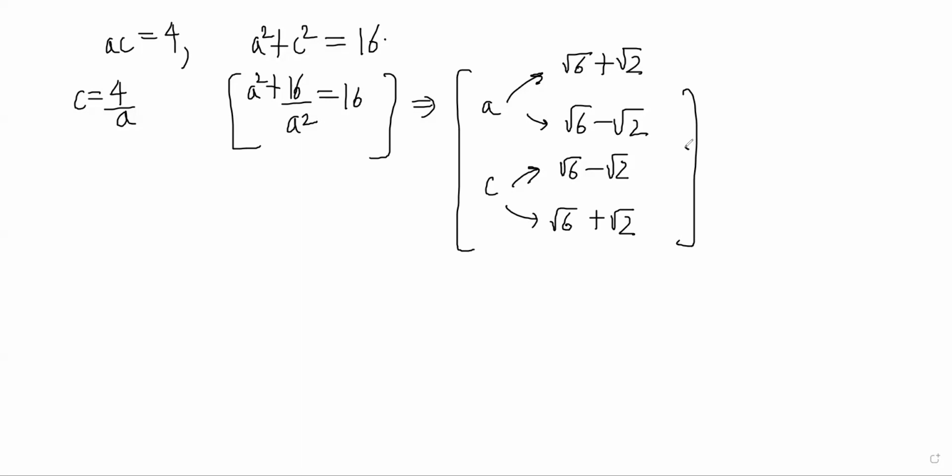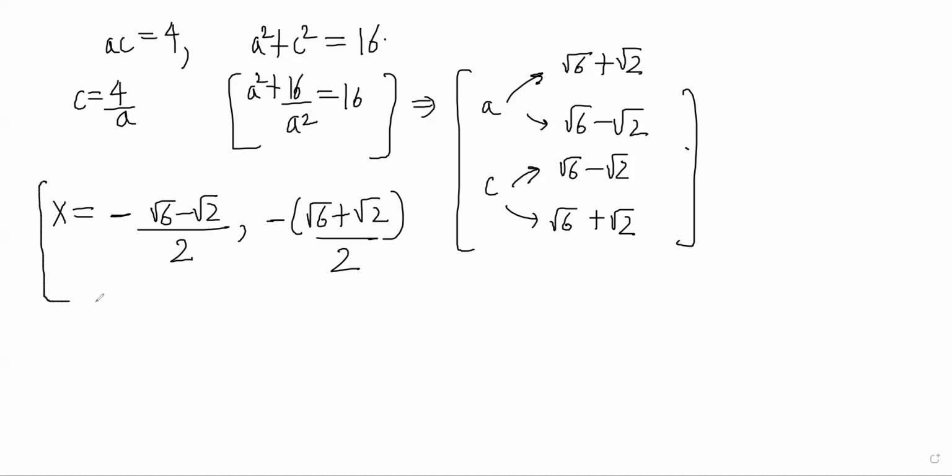And now what we can say is, what are the solutions for x? X must be equal to basically minus of a by 2, right? Minus of a by 2. Minus of root 6 minus root 2 by 2, or minus of root 6 plus root 2 by 2.